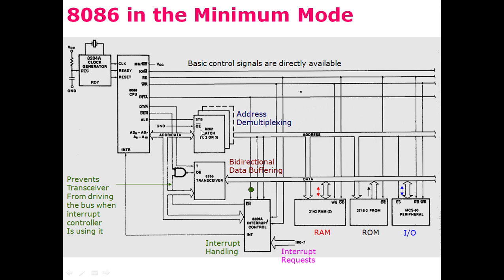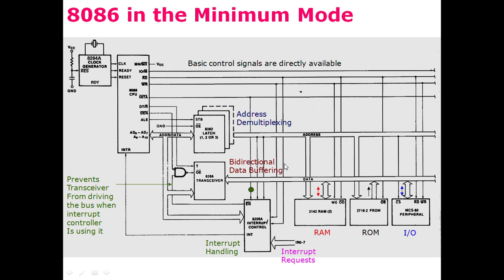So externally the latches are connected with the address bus, and similarly the address and data multiplexed pins of the microprocessor are connected with bidirectional transceivers, and the direction of this bidirectional transceiver is controlled with the data transmit and receive pin. The data transmit and receive pin will decide if the data is going outside of the microprocessor or coming inside of the microprocessor. The direction is related to the operation, whether the data is being written to the memory or read from the memory.